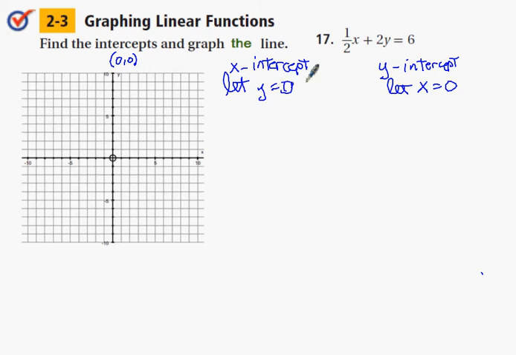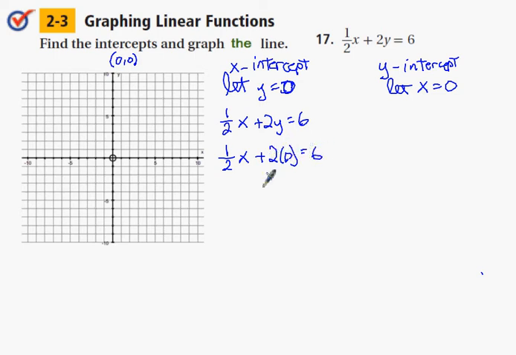let's go ahead and take the equation 1/2 x plus 2y equals 6, and we'll substitute 0 in for y in the equation. So I have 1/2 x plus 2 times 0 equals 6.